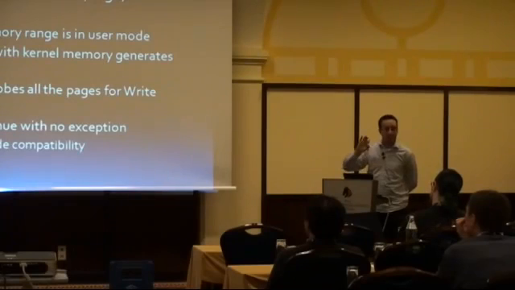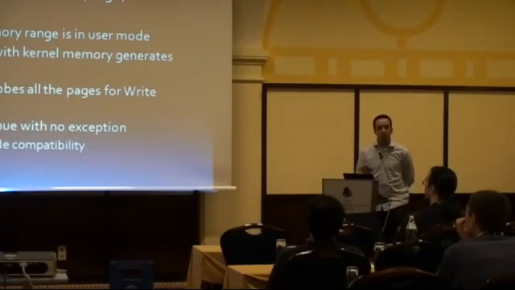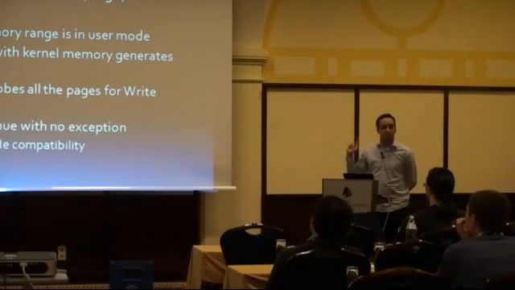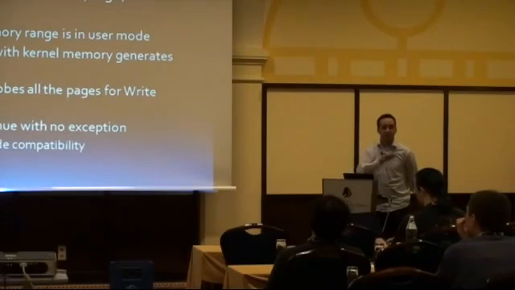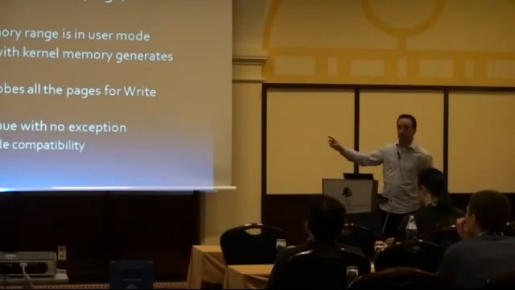If you read the ProbeForWrite, ProbeForRead code, the first thing that they do is if length equals 0, return. Why? Legacy. There are several kernel components that use this feature for exchanging data. So keep an eye on this. If length equals 0, it doesn't matter if address points to user mode or kernel mode.